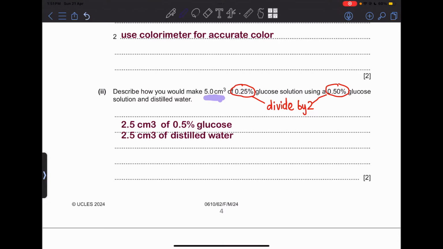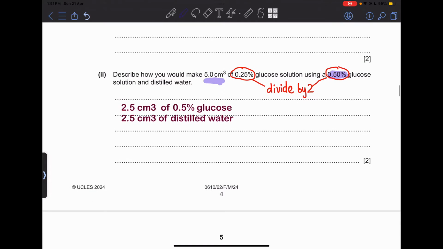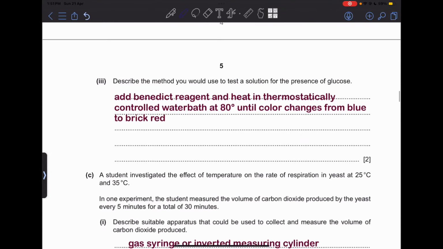In the first one, you're going to be adding the 0.5% glucose, and in the second tube you're going to be adding distilled water to make it less concentrated and more diluted, which means it will have more water. So if you want to decrease the amount of glucose, you have to add more water. This is how you can dilute this solution.